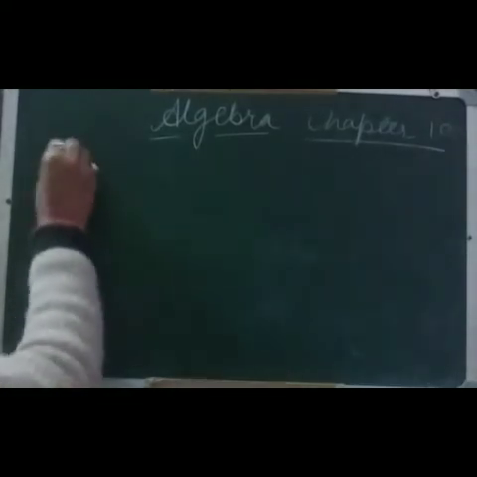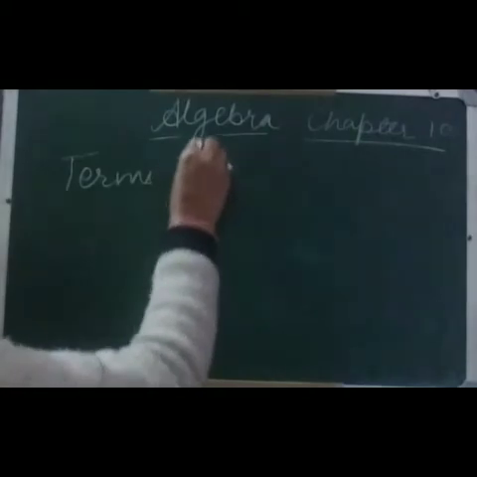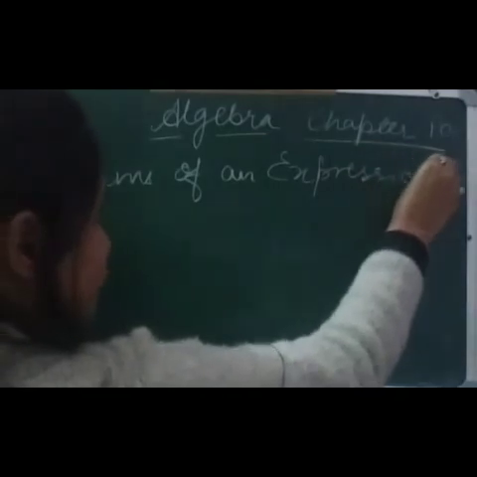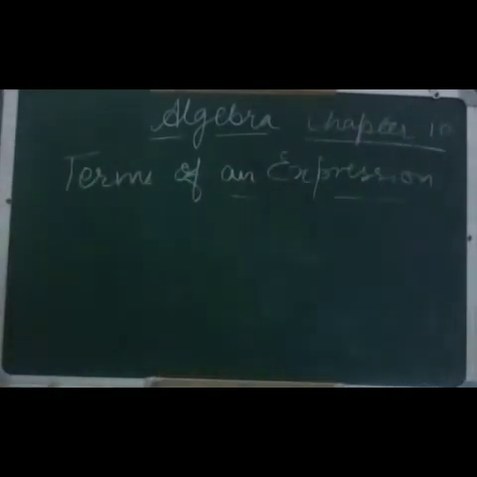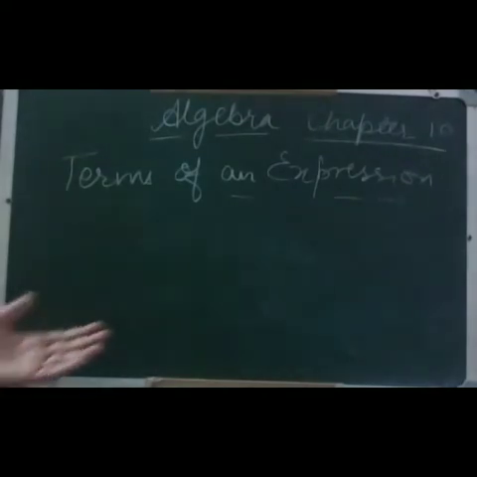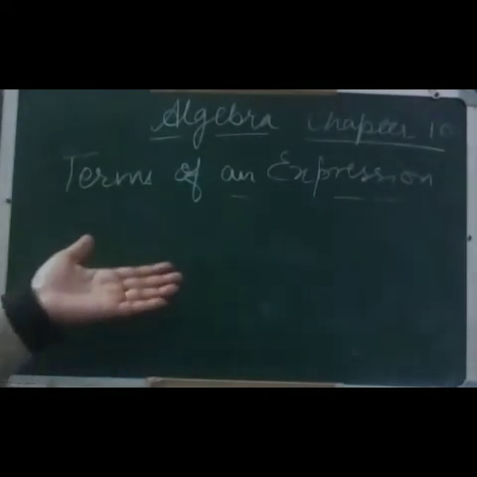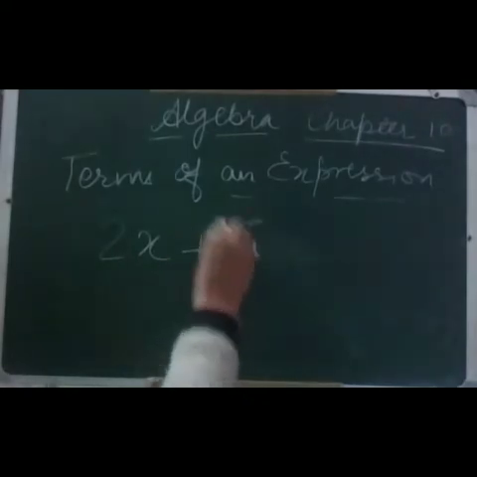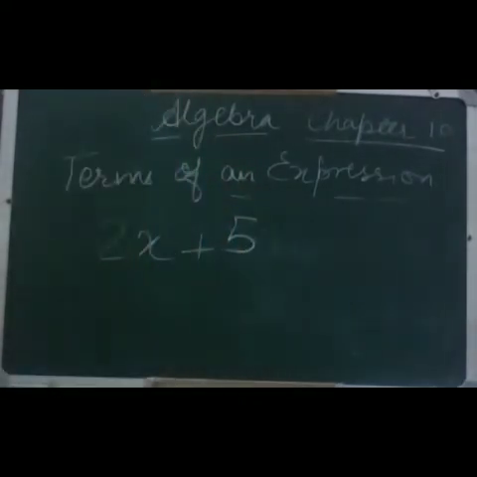Now another is terms of an expression. What is a term? Parts of an expression which are formed separately first and then added or subtracted are known as terms. Suppose we have the same example, 2x plus 5. Here 2x and 5 both are terms.